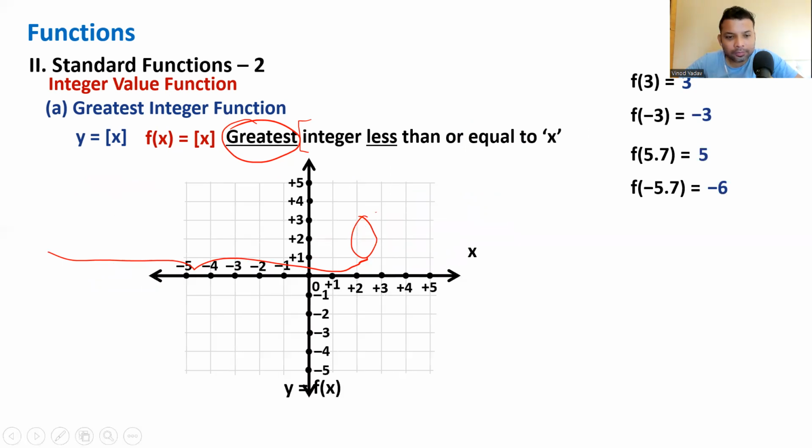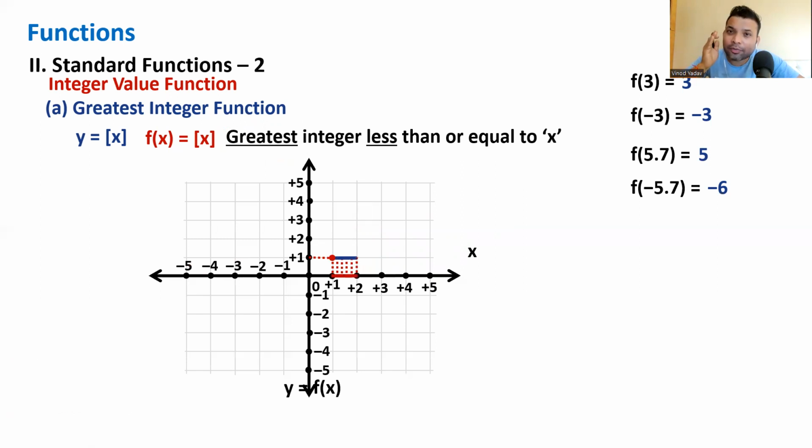Okay. Now, the graph. You know, if x is 0, 0.1, 0.111, 0.12, 0.2, up to 0.99999, the output will always be the integer 0, isn't it?